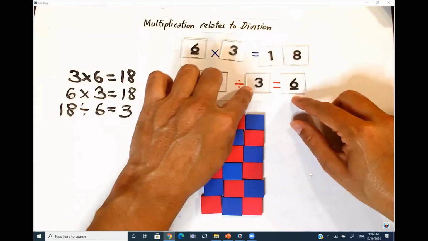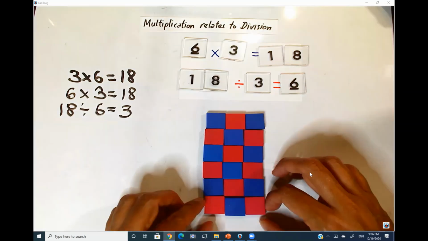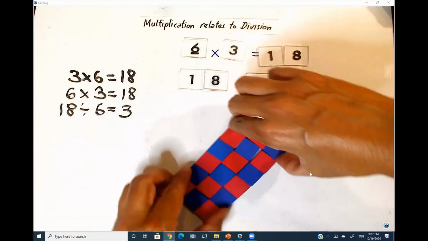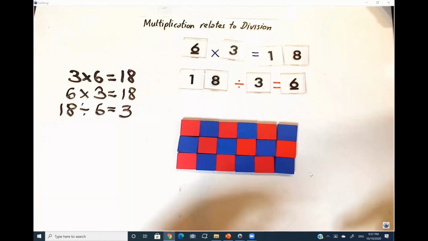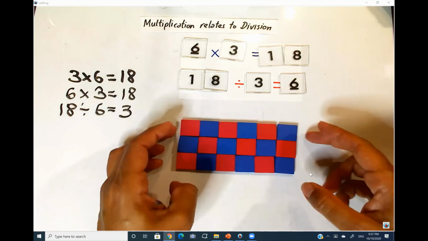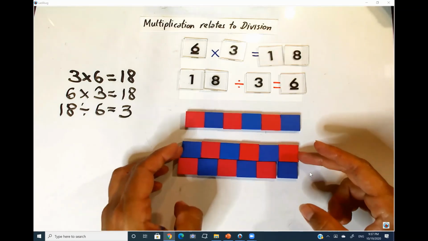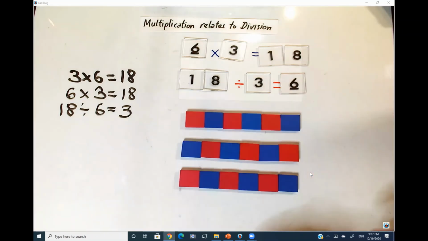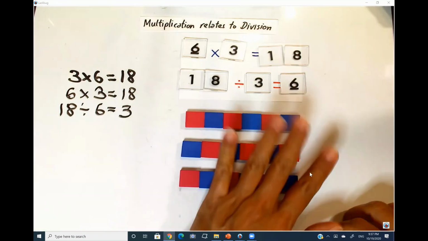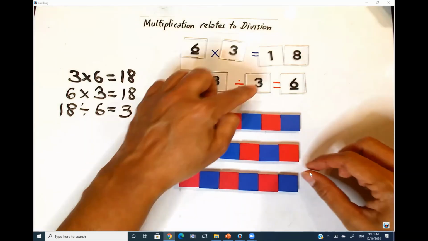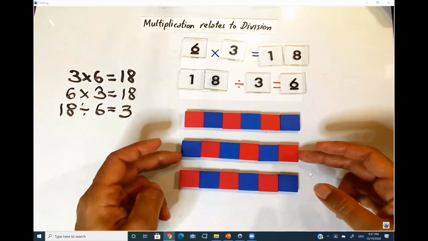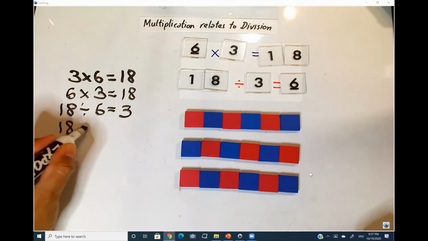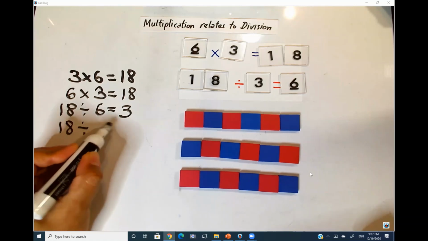I'm going to put them in a different order, and then I still have 18 objects, but now this time my division says you have 18 objects and you have to divide them in 3 groups. So this is going to be group 1, group 2, and group 3. And my question is going to be how many objects in each group. So if I have 18 objects and I separate them, split them in 3 groups, I'm going to have 6 objects in each group.